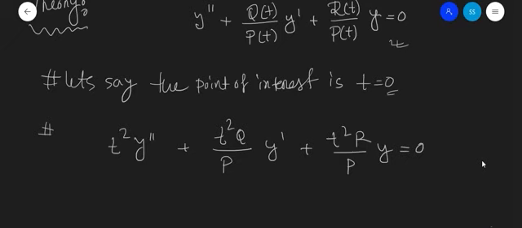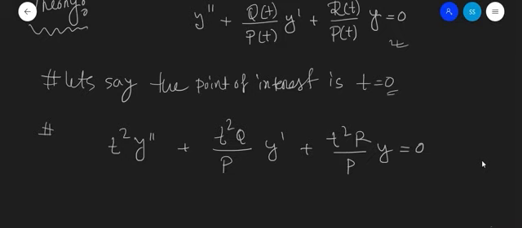So one rationale is that if your p has a singularity at 0, that means at that point it's undefined, when you multiply with t squared, that singularity gets vanished. So that's one of the rationale that you can accept.